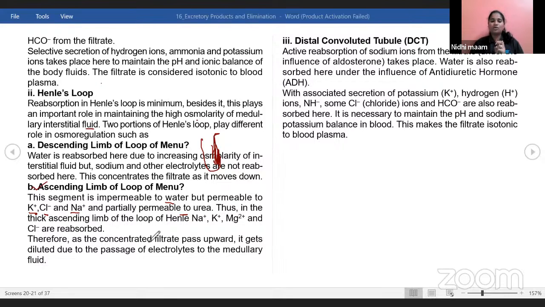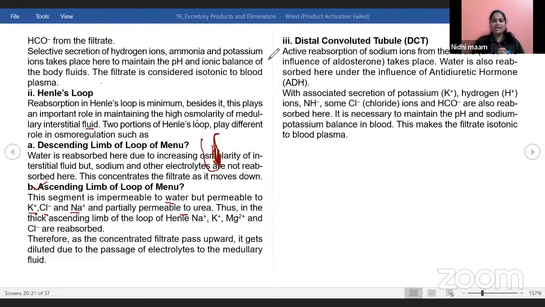Therefore, as the concentrated filtrate passes upward through the ascending limb to the DCT, it gets diluted, due to the passage of electrolytes to the medullary fluid. Since these ions are added there, the concentrated urine gets diluted and goes to the DCT or distal convoluted tubule.